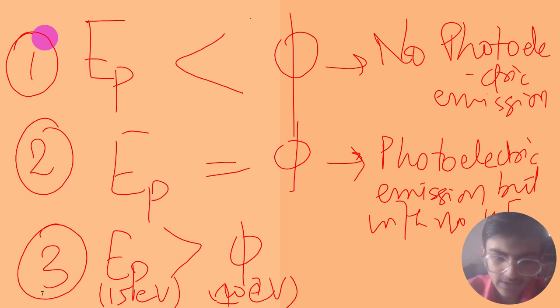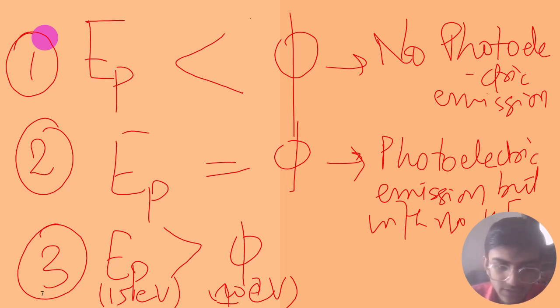We need a minimum of 10 electron volt for photoelectric emission. So photoelectric emission will occur surely, because the energy of the photon is greater than phi, and the difference is 5 electron volt. So here also photoelectric emission will occur, but here we will have a kinetic energy of that electron, and that kinetic energy will be the difference of this.